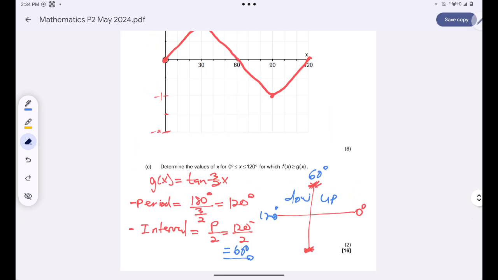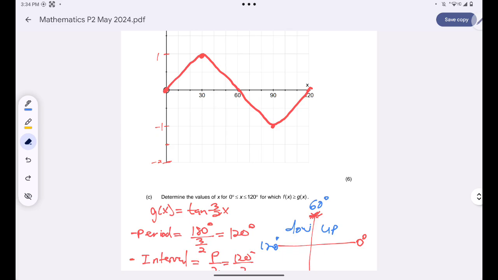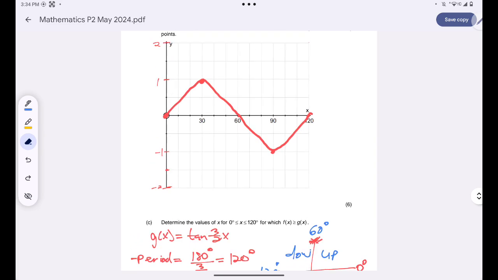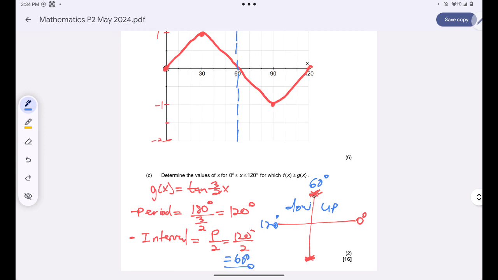Okay, let's draw. The asymptote is at 60 degrees, right? The asymptote is at 60 degrees. From 0 to the asymptote of 60 degrees, we are going upwards.